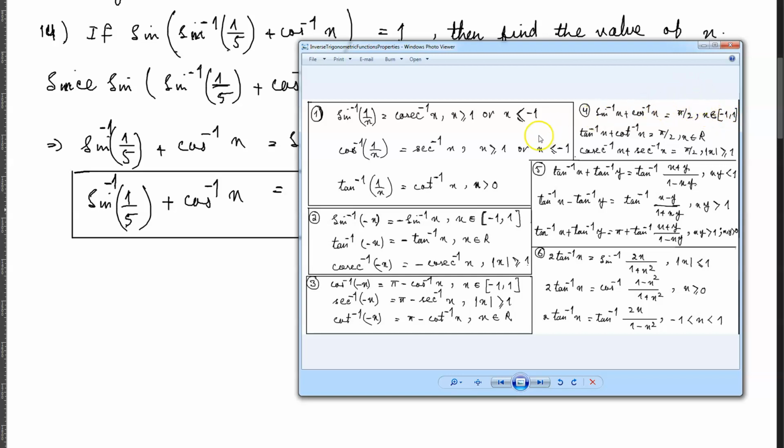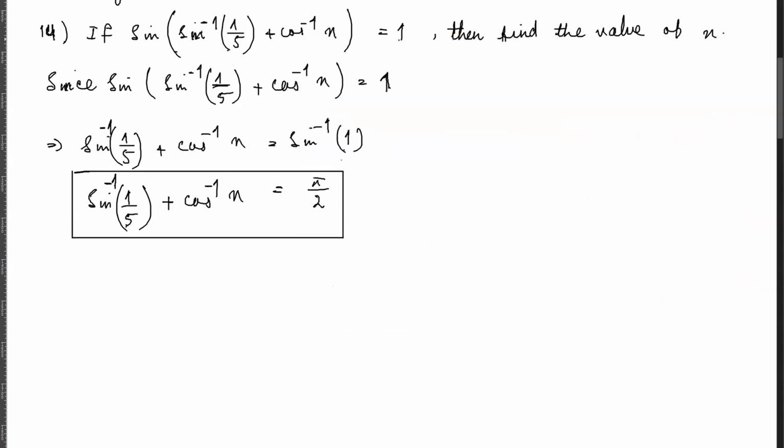So what that means is that we know that the sine inverse of x plus the cos inverse of x is equal to pi by 2 for all x belonging to the interval -1 and 1.